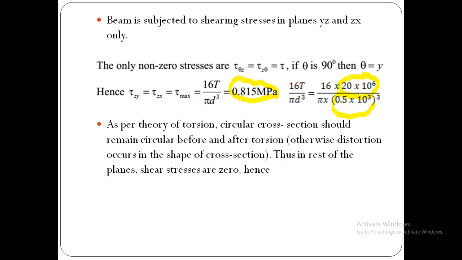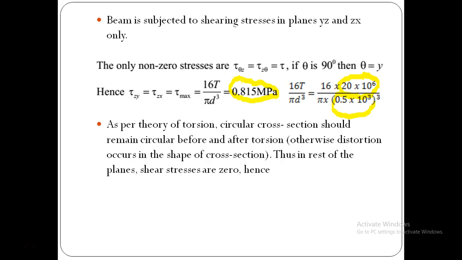But as per the theory of torsion, circular cross section should remain circular before and after torsion. Otherwise, distortion occurs in the shape of the cross section. So this is already a theory of torsion, where we are saying circular cross section is going to remain as circular before as well as after the torsion.